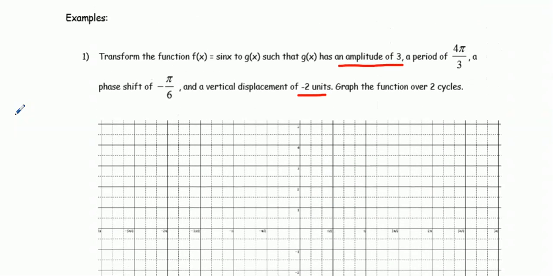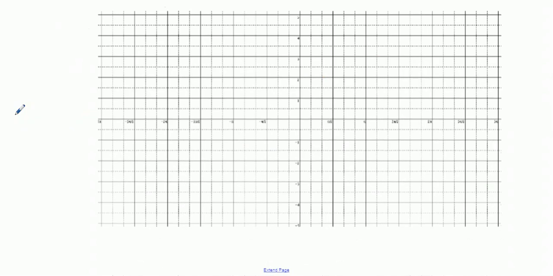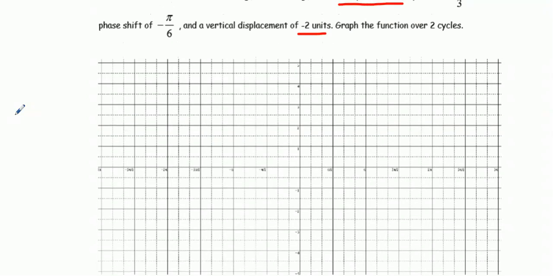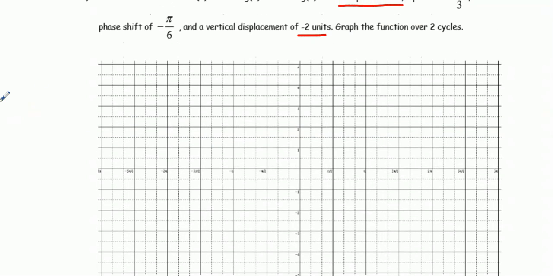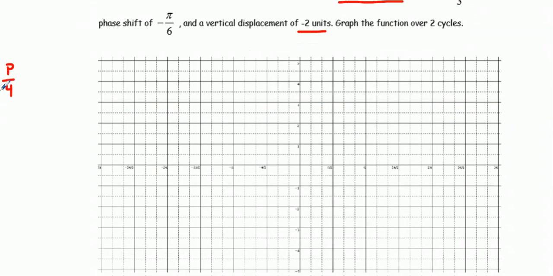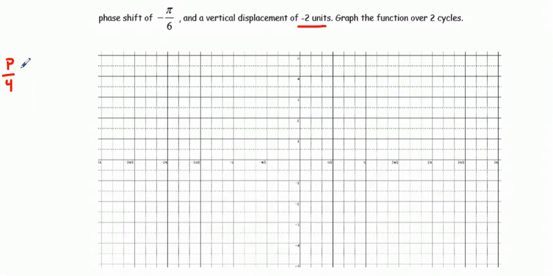So I'm just going to figure out, maybe over here, what my quarter period is. A quarter of my period was 4 pi by 3, so instead of 4 pi by 3, it's going to be 4 pi by 12, because I'm multiplying the bottom by 4. That simplifies to pi by 3.